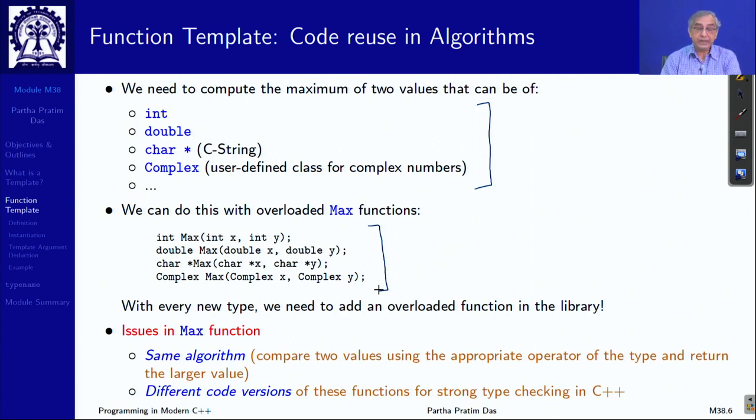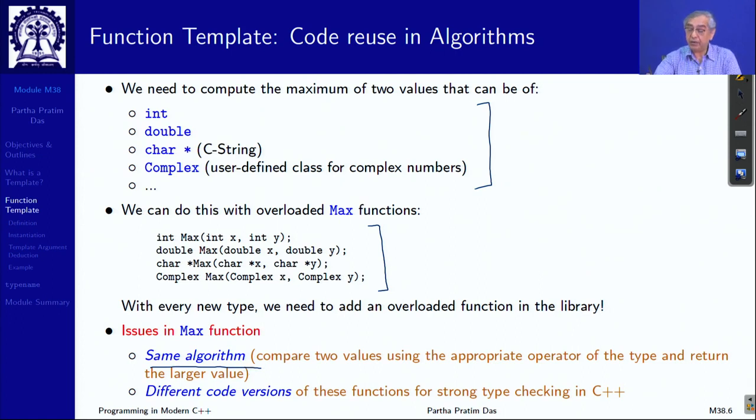We can write all these functions. Unlike C, these can reside simultaneously because of the overloading feature. So, I can have a max for int, max for double, max for char star or string, max for complex and so on. But each max function will have the same algorithm, but different code versions.